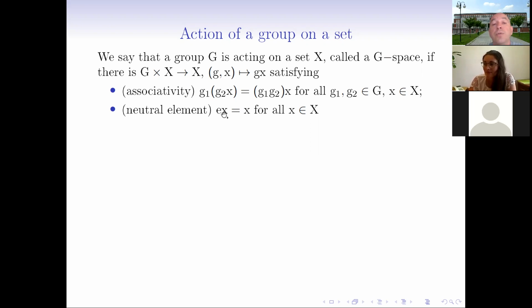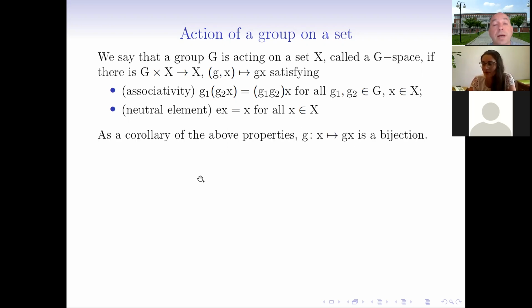So the neutral element applied to any element x in X gives the same x.